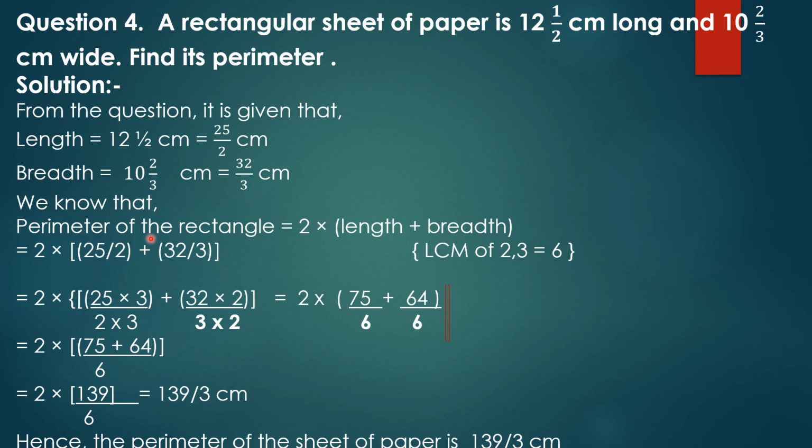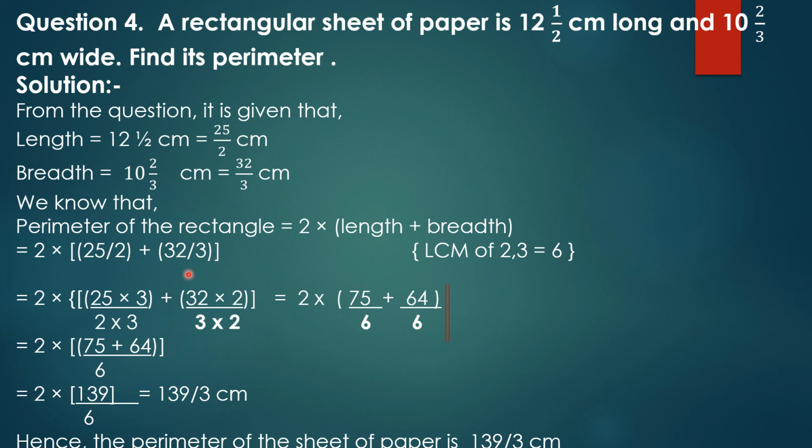And we know the perimeter of a rectangle. What is the formula for the perimeter of a rectangle? It equals 2 into length plus breadth. So, 2 into, write down the length plus breadth. What is the length? 25 by 2 plus 32 by 3. Now, observe the denominators.